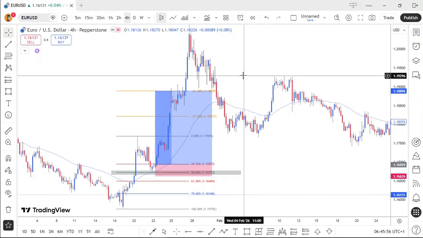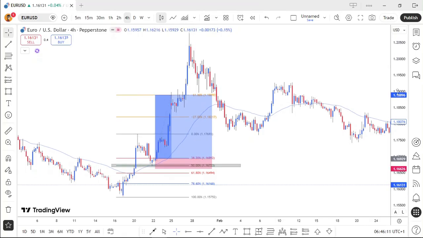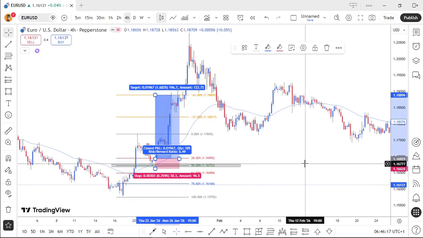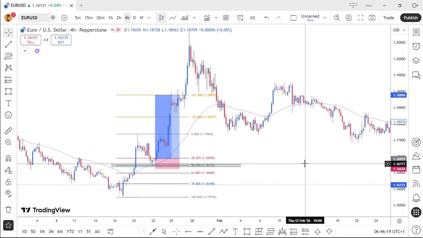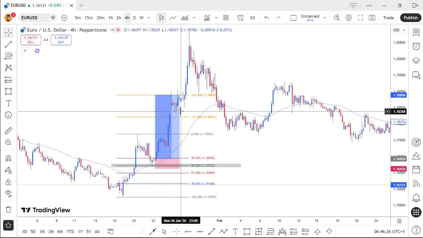This is where Fibonacci becomes extremely powerful. Combining Fibonacci and support and resistance or market structure will give you more confluence in the market. In this case, Fibonacci has already shown us our potential retracement level and our potential take profit level.